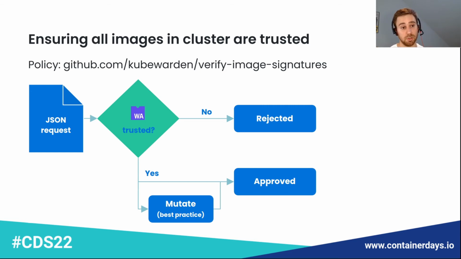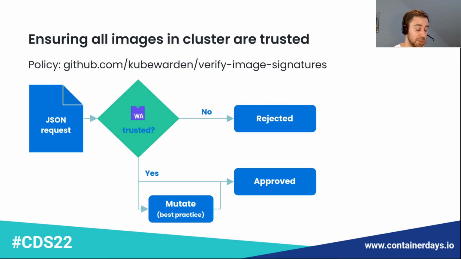And if that signature is correctly verified and trusted by the settings of the policy, that's it. If the container image is not signed or that signature is not trusted, then that pod would get rejected. If all the container images in that pod are trusted, which means they are signed by somebody that we trust, then we could approve it. That's it. We are done.